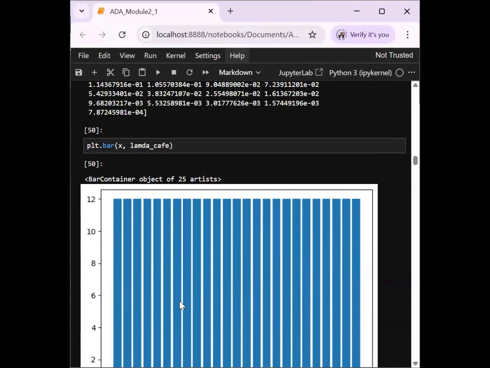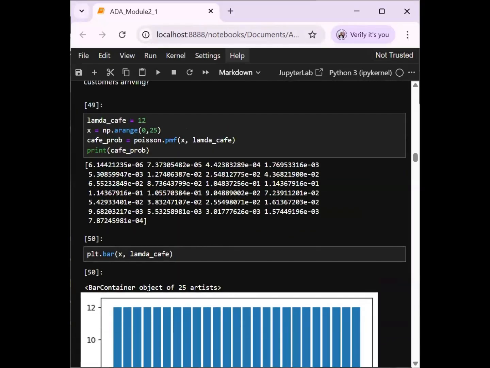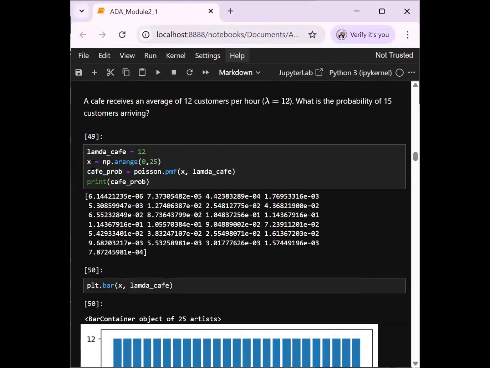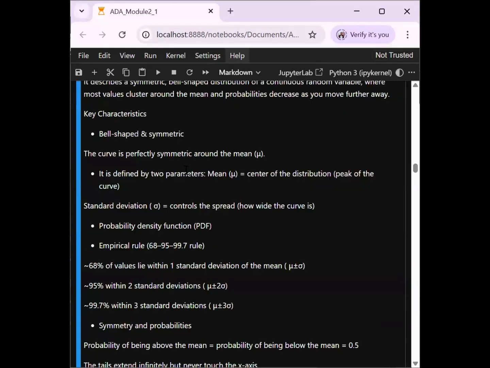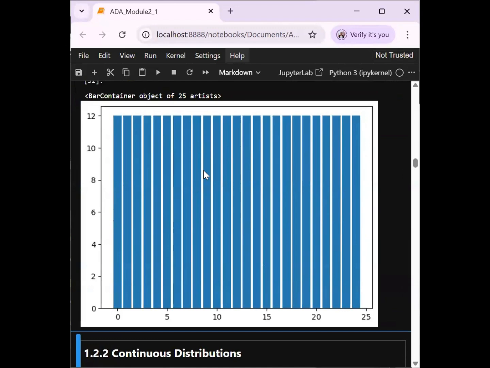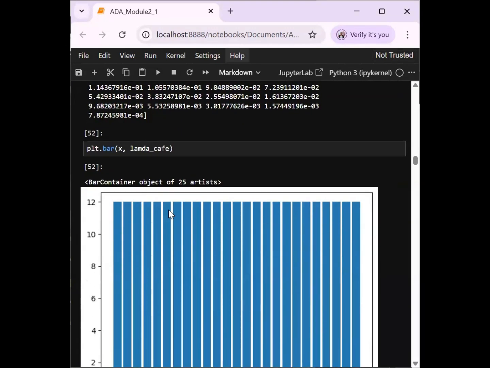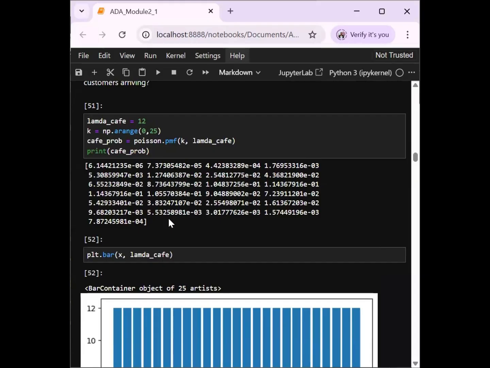There's something wrong somewhere. Okay, what's happening? This is not supposed to happen. Let's use k here.